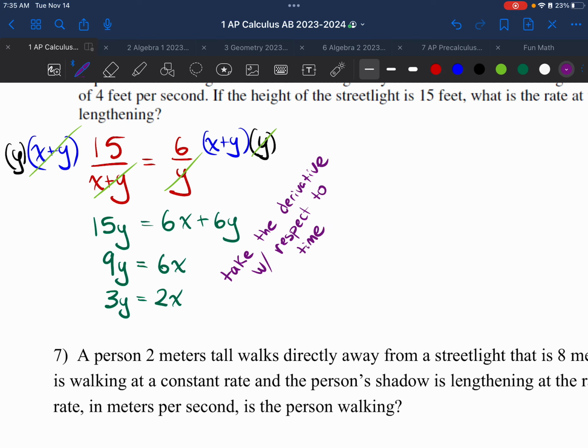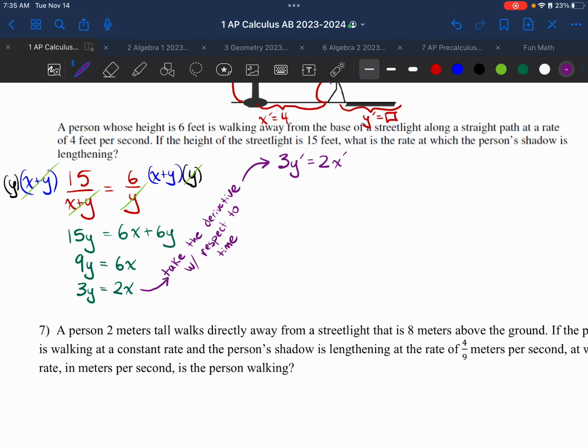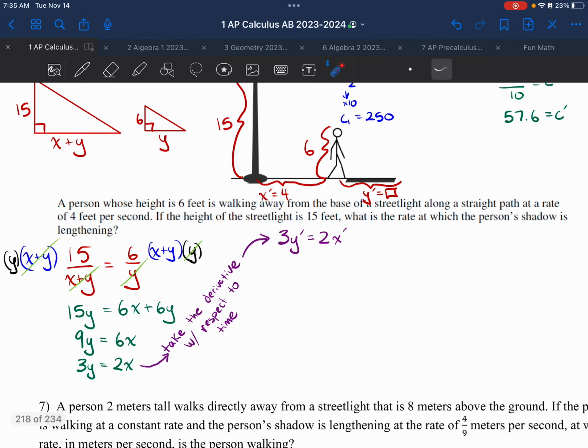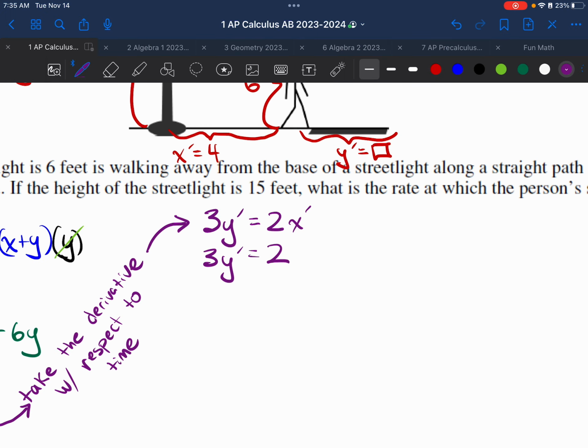And when I take the derivative with respect to time, this is now going to turn into 3y prime is equal to 2x prime. Okay, that's perfect. And I can solve, right? I can come up here and say, hey, I know x prime. x prime is 4. So I'm going to plug in here. I'm going to say 3y prime is equal to 2, and then the x prime was 4.